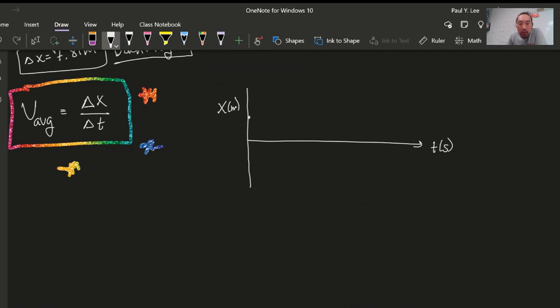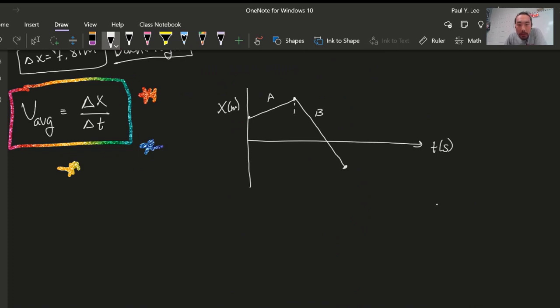Let's say the first part of a trip from here to here, this is A, and then this will be B. One of the things I want to point out is that because velocity is a vector, the negatives do in fact matter. So we went towards the negative direction there.